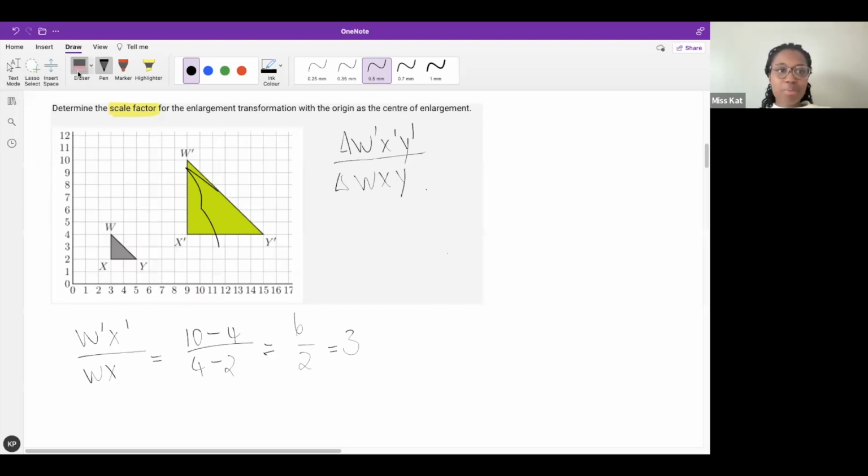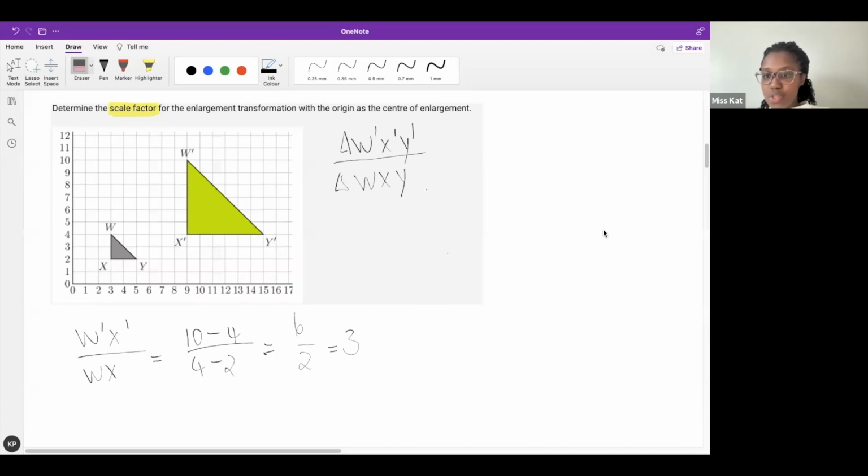Then is it the same shape? It's no longer the same shape, right? It's not similar anymore. Remember, one of the conditions of similarity was that the sides are in proportion. So if the sides are not all in proportion, this shape will no longer be a similar triangle.